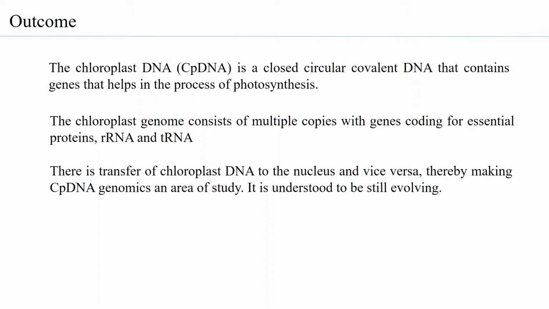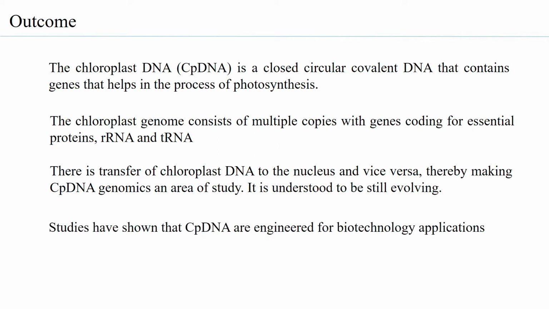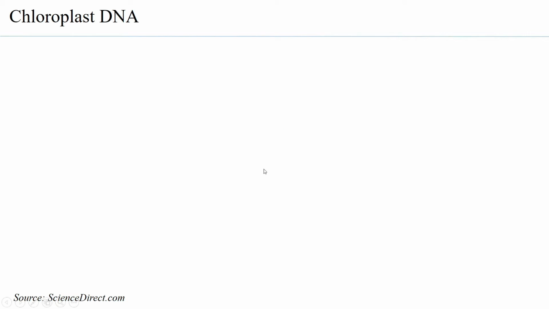So basically what has been understood is that the chloroplast genome is still evolving. Studies have shown that chloroplast DNA can be engineered for biotechnology applications. Let us look at and understand what is present in the chloroplast DNA. The chloroplast DNA is much larger than the mitochondrial DNA.